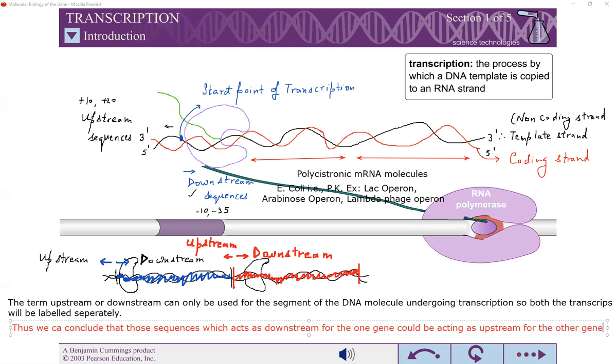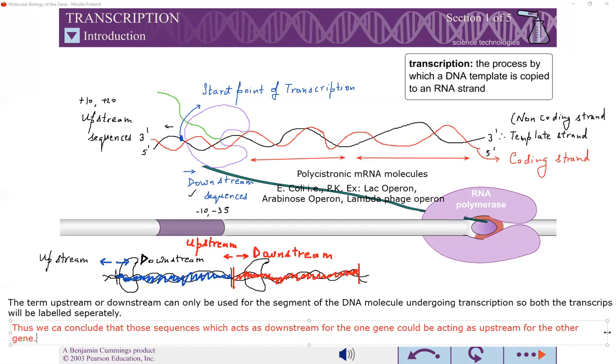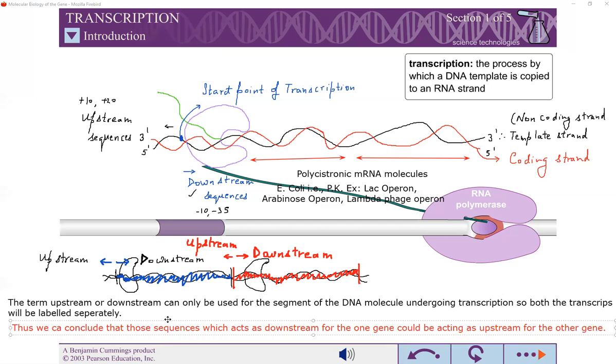So this is the major difference between them. So sequences which are downstream for one gene could act as upstream for the other gene. So this is how upstream and downstream have to be regarded. Any doubt, any problem, you just ask me. Is this clear in your mind? Okay. So now moving forward.